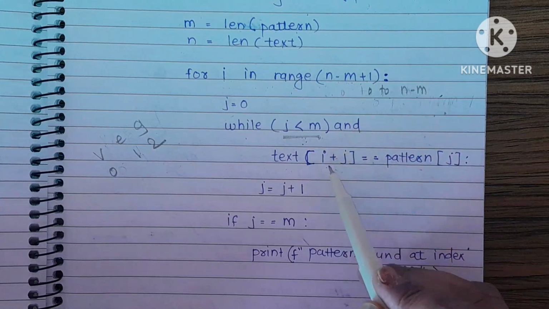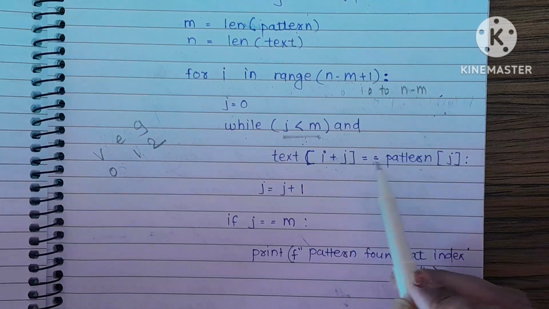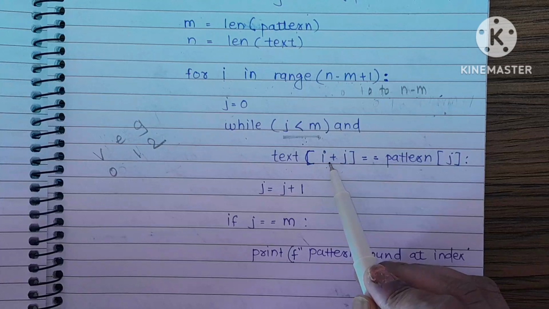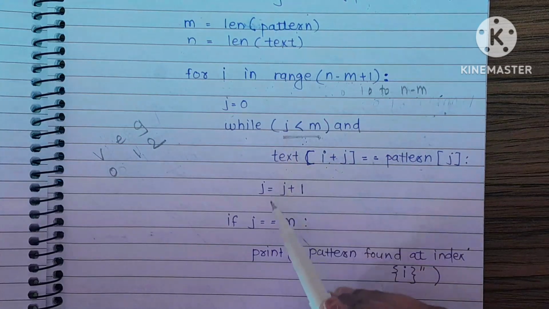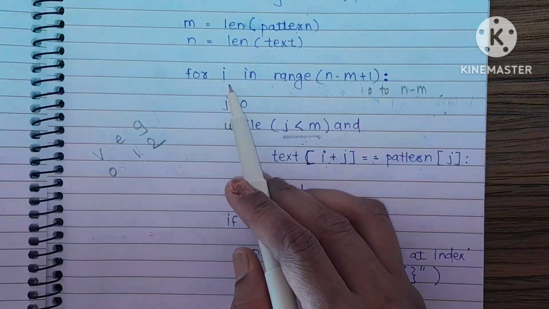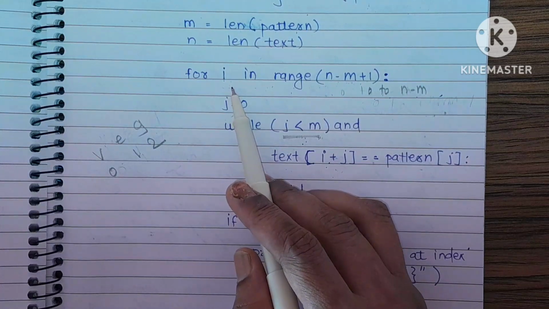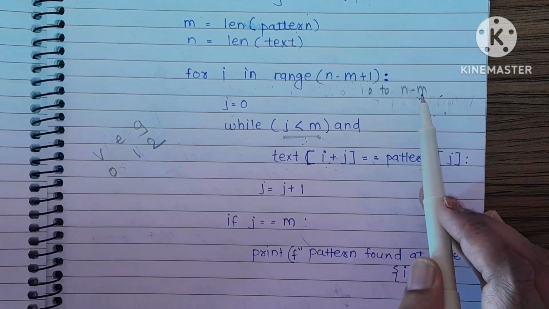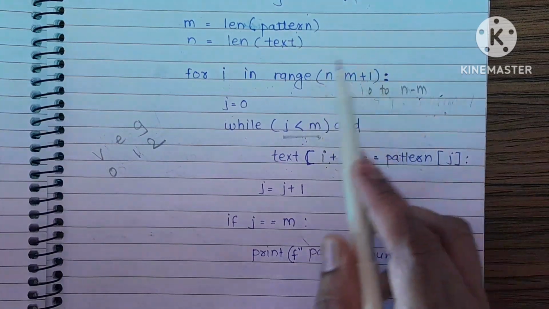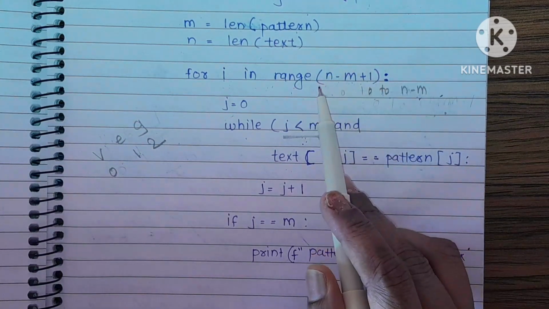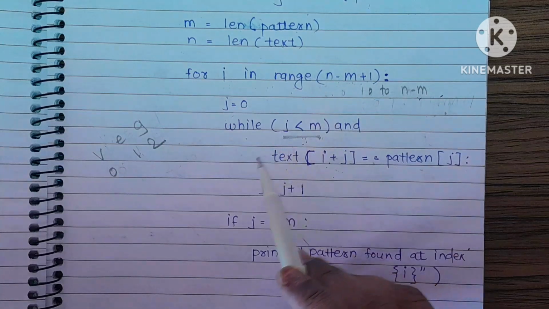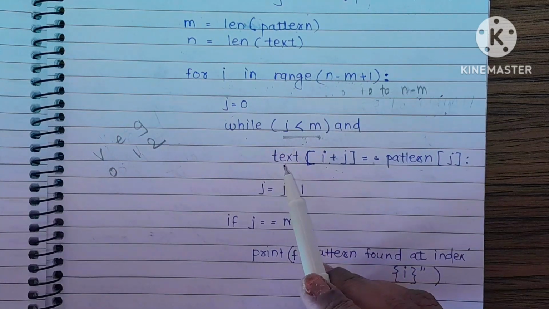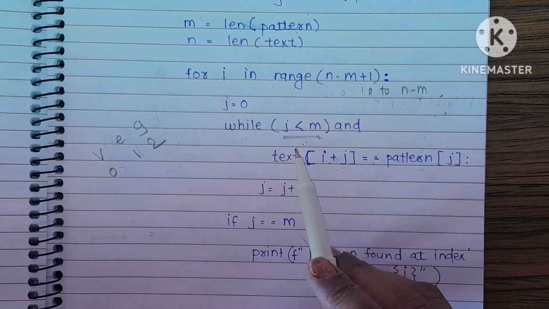If the first character of the pattern doesn't match the first character of the text window, then obviously the inner loop will be skipped and it will go to the next window. This continues until it reaches the n minus mth text window. So these many operations are going to be performed in any case when the pattern characters are not matching with the text window characters.